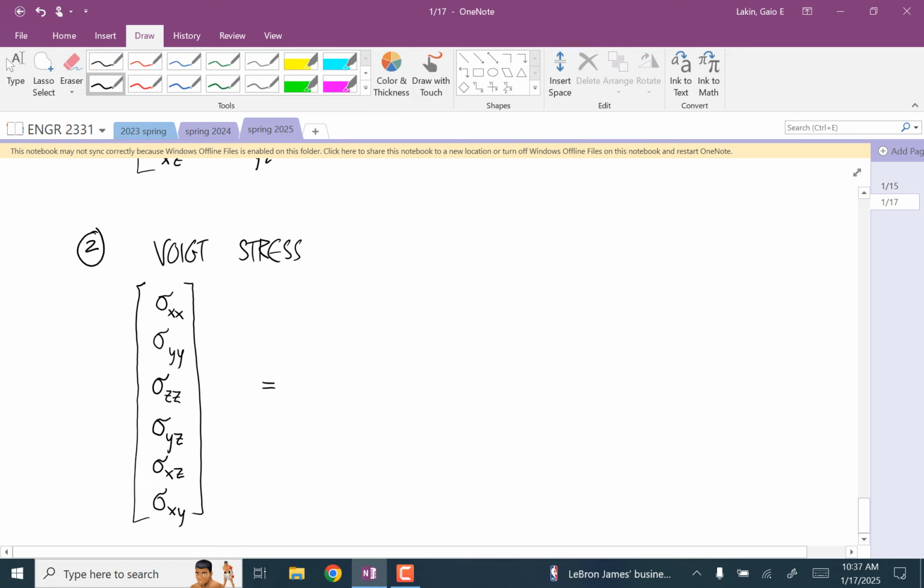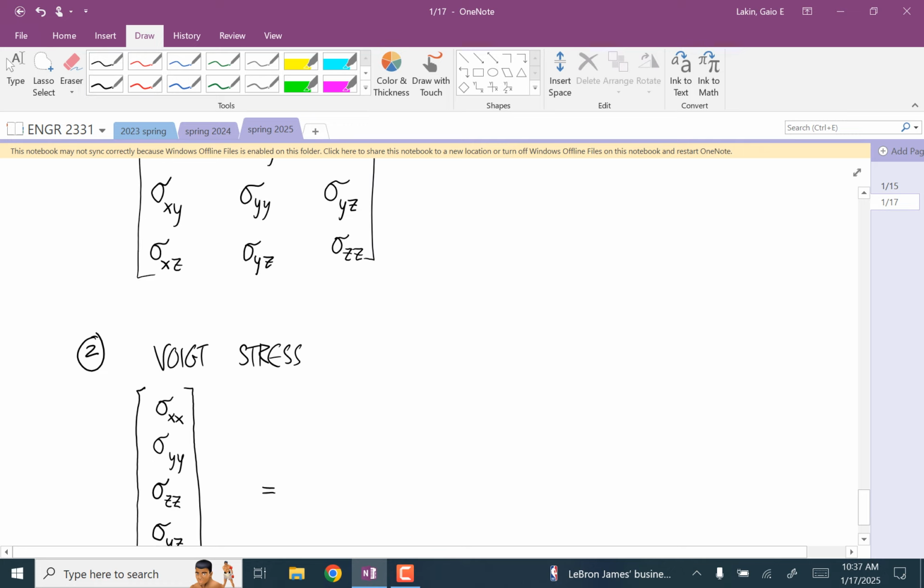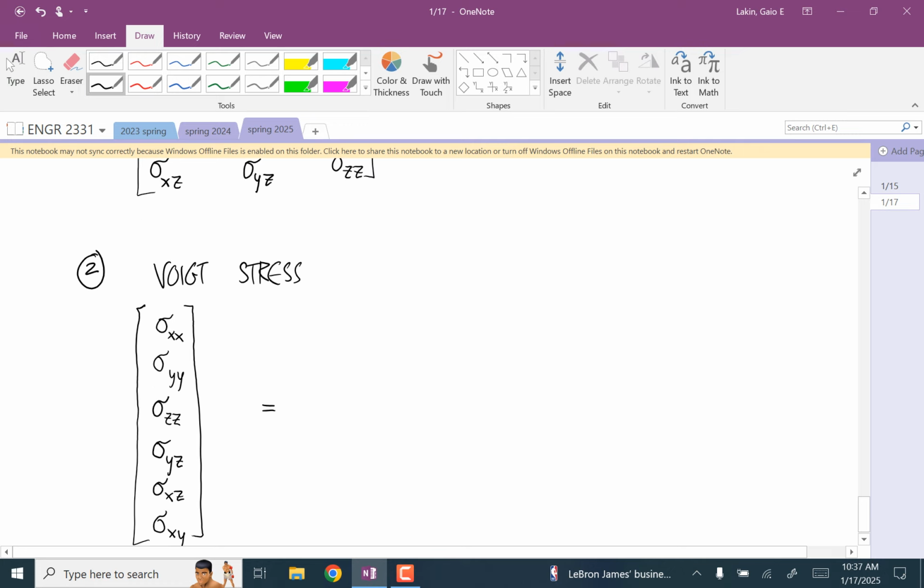Often the shear stresses will be written instead of as sigmas, as taus, and it means the same thing. So I'm going to rewrite both of these. The Voigt stress also a lot of times you'll see like this: and then tau yz, tau xz, tau xy.